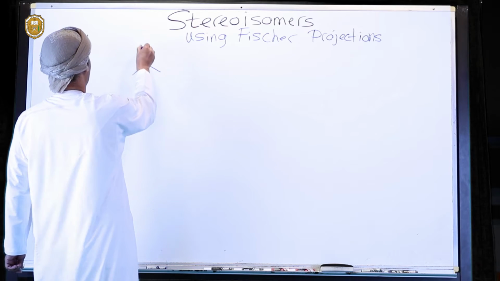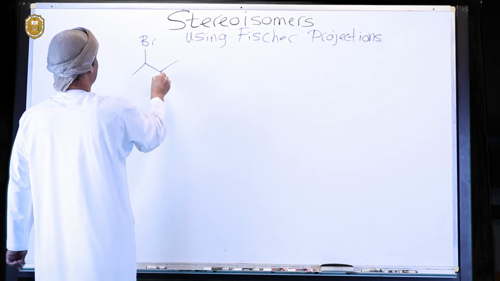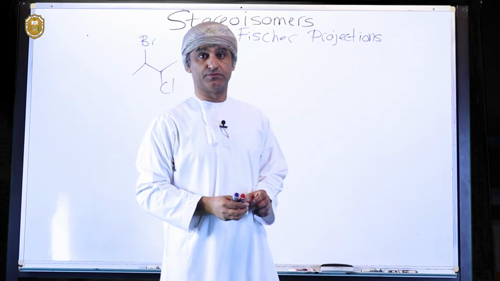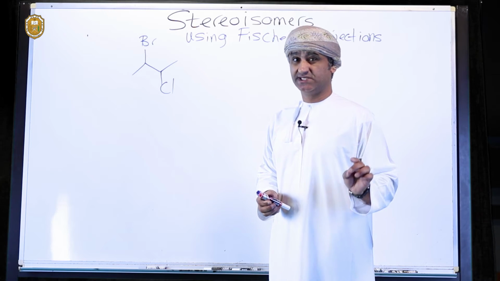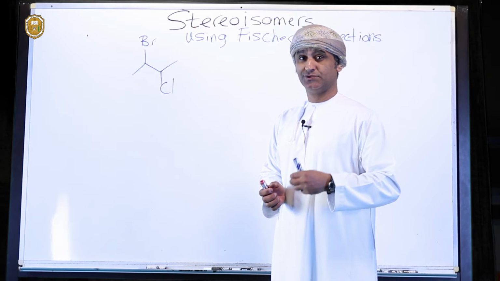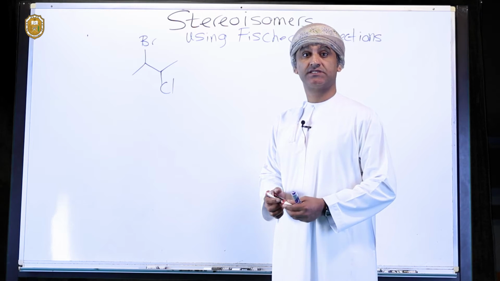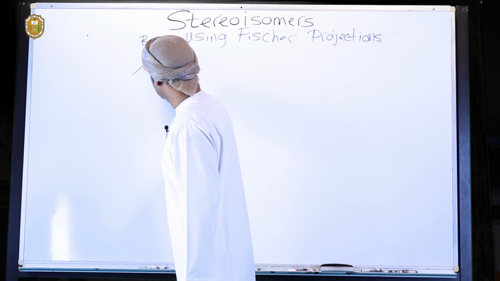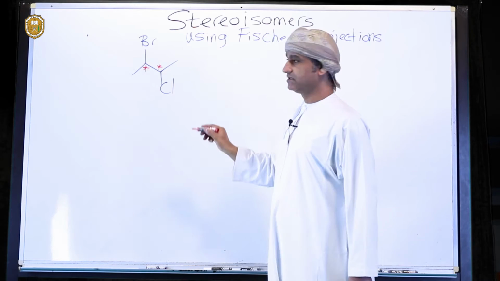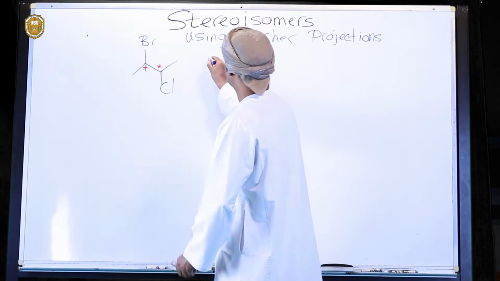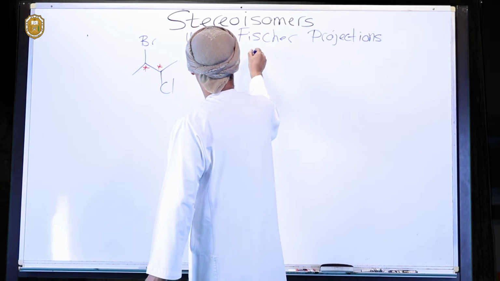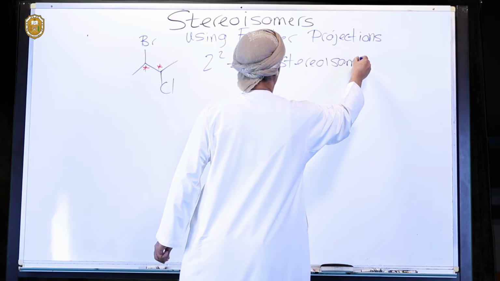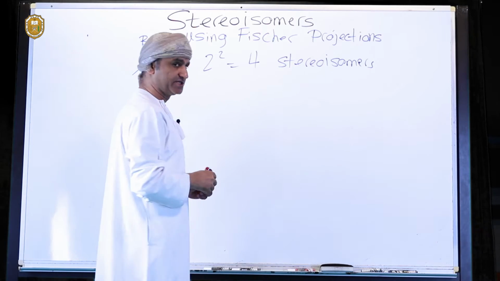Clearly, 2-bromo-3-chlorobutane has 2 chiral centers, it has 2 stereocenters, and therefore 2 to the power of 2 gives us 4 stereoisomers possible in this molecule.